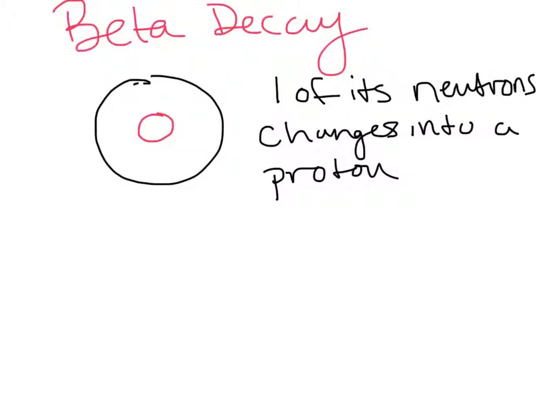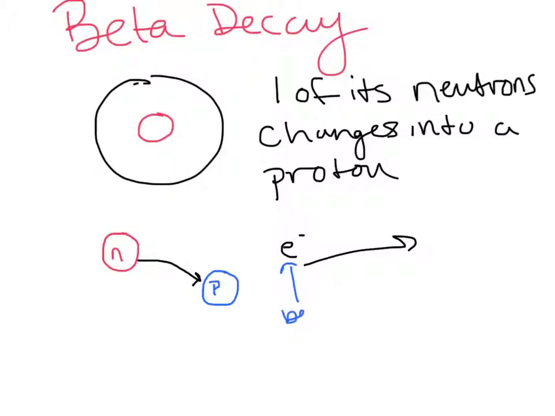To give you a description of what a beta particle is, if this circle right here represents a neutron, and this circle represents a proton, then I'll have just a measly little electron hanging out over here. What happens from start to finish is that the neutron turns into a proton, and in doing so, you emit this electron. And this electron is the thing that's known as a beta particle. So all a beta particle is, is a really fast-moving electron.